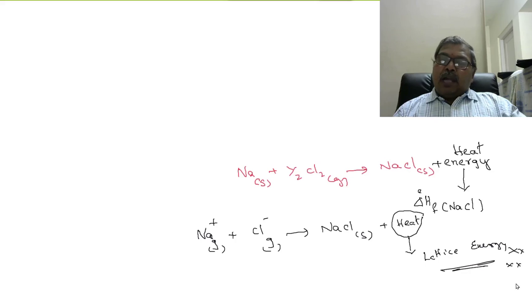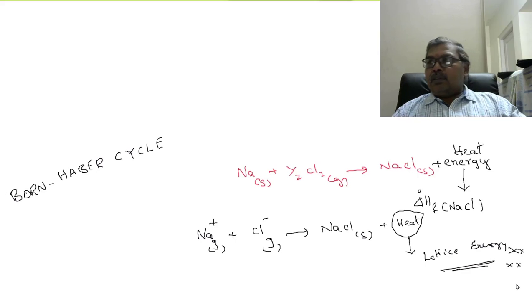Therefore, lattice energies of ionic crystals are determined by using the Born-Haber cycle. Because lattice energy is nothing but the energy released during the formation of 1 mole of ionic solid from its constituent oppositely charged gaseous ions.